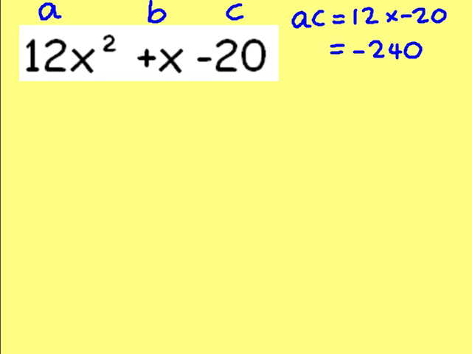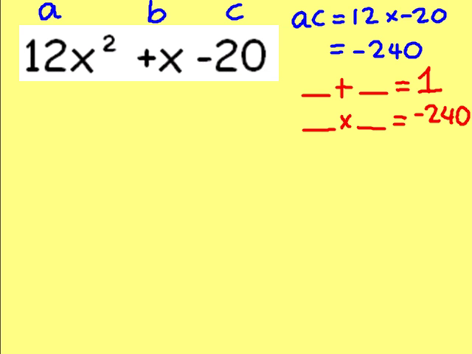So I'm looking for a pair of numbers when added will give me B, which in this case is 1 because I have only one x, and B will be the number in front of x called the coefficient, which is 1, and they must multiply to give me minus 240.